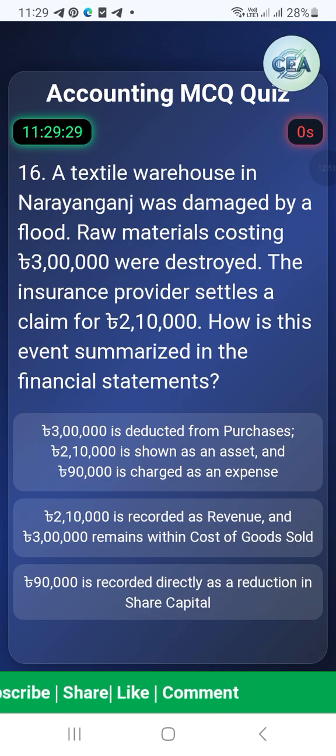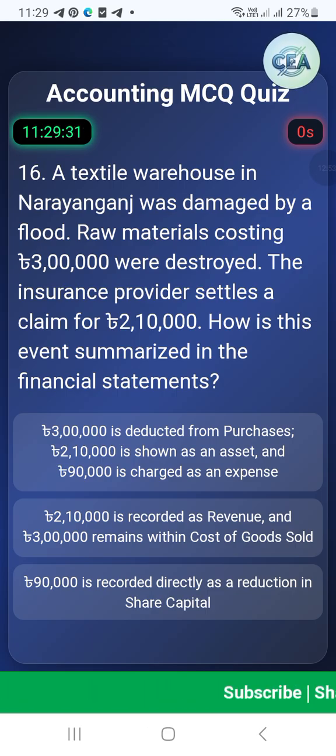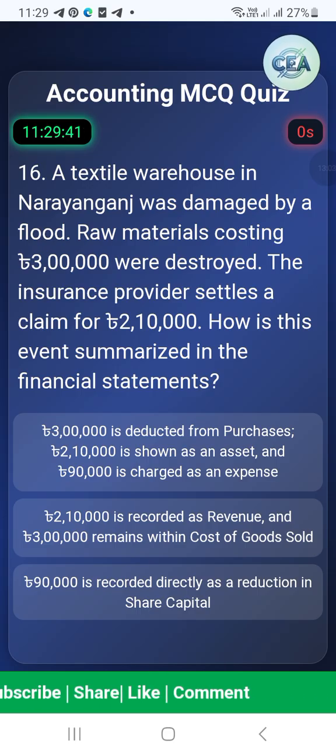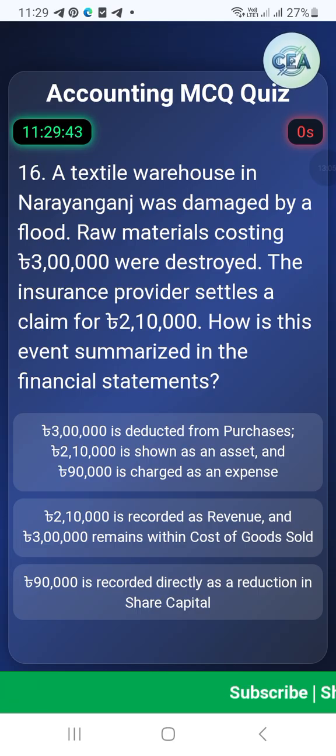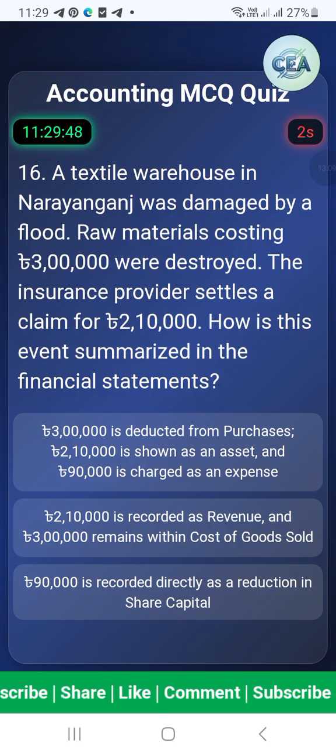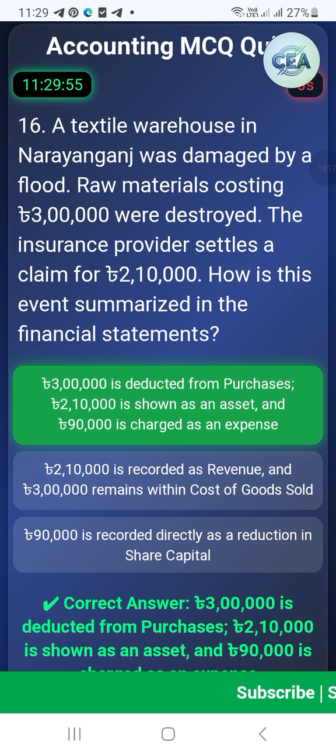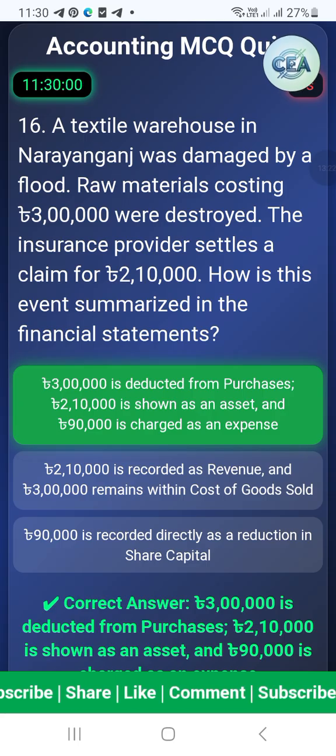Option 2. 210,000 takas is recorded as revenue, and 300,000 takas remains within cost of goods sold. Option 3. 90,000 takas is recorded directly as a reduction in share capital. Correct answer is 300,000 takas is deducted from purchases, 210,000 takas is shown as an asset, and 90,000 takas is charged as an expense.